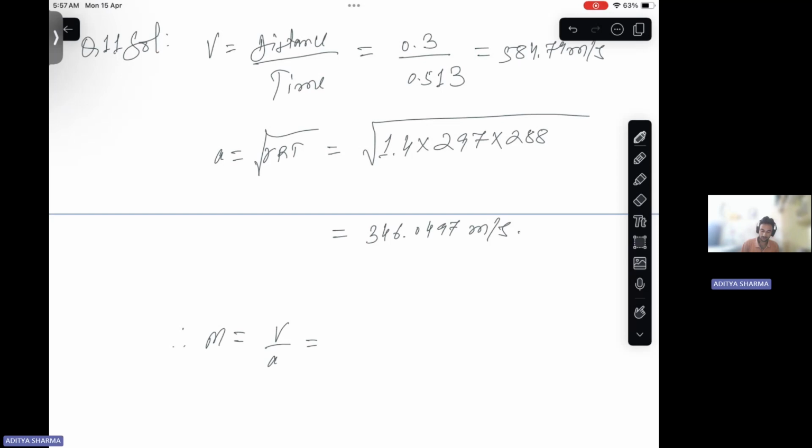So it comes out to be 584.79 divided by 346.04. So this is 1.69.